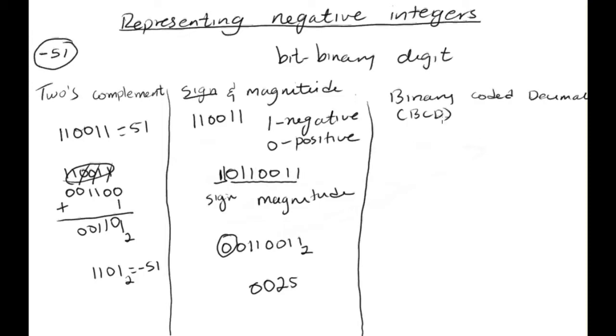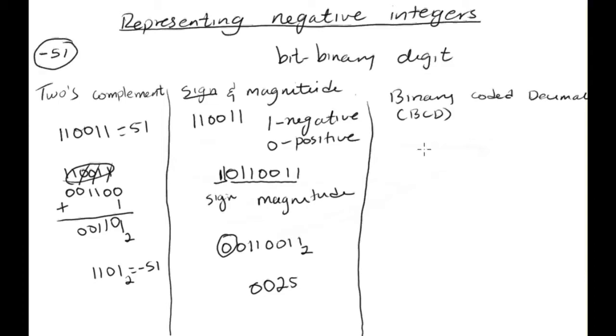Now for BCD, most students find BCD to be a lot easier than the others. So again, negative 51. Now we are not going to convert 51 into binary, not the entire 51. With BCD, we're going to convert each digit into its 4-bit representation.